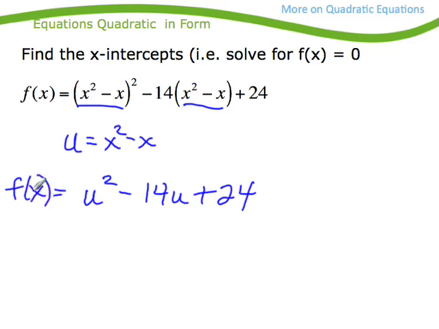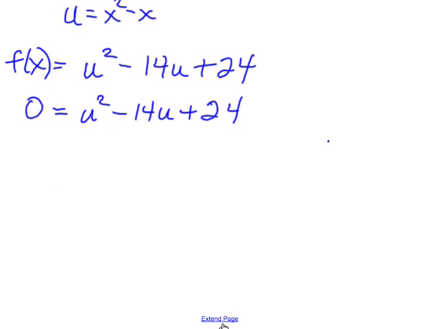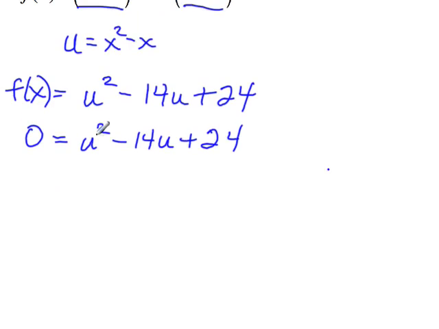In this case, they want us to find the x-intercepts. To do that, I need to plug a 0 in for f of x. Now I'm going to endeavor to solve this equation here. Let's hope that it'll factor. I'm looking for two numbers that multiply to 24 and add to 14. 6 and 4, 12 and 2.